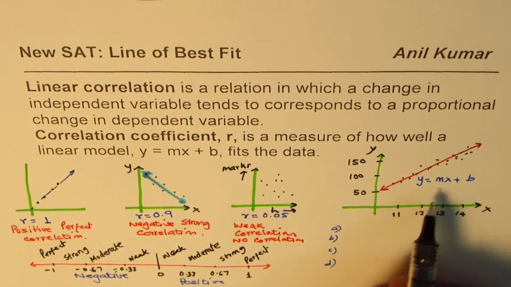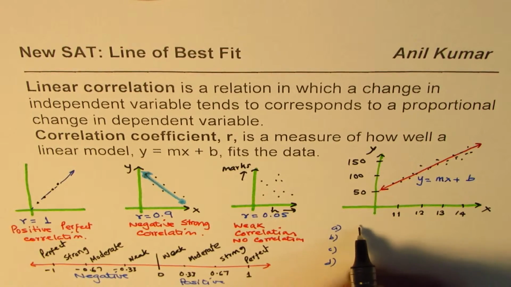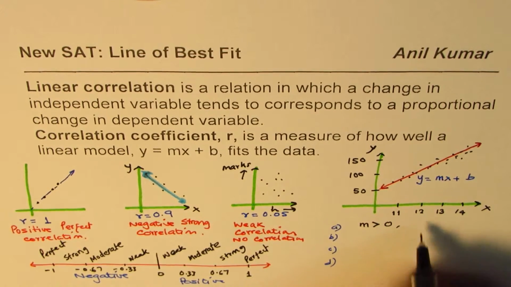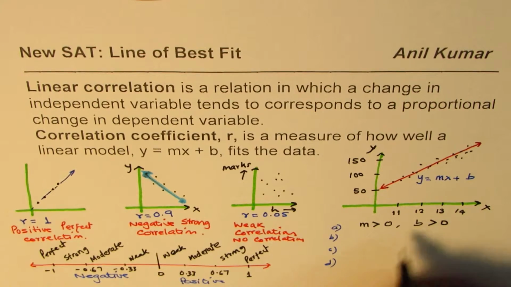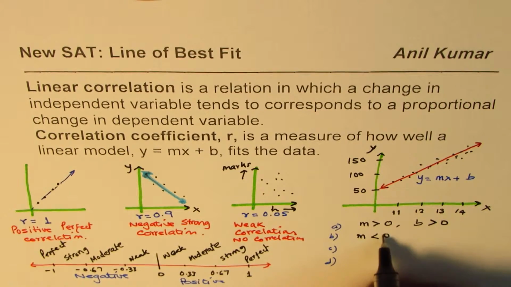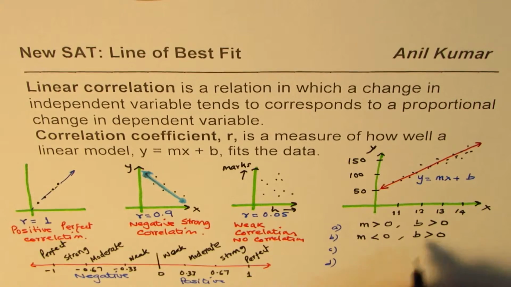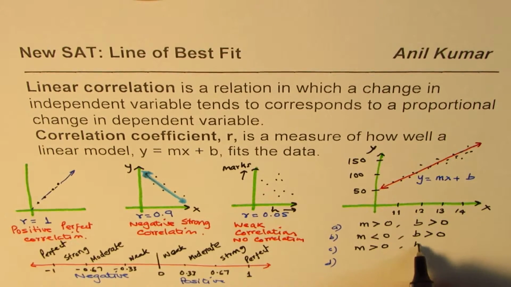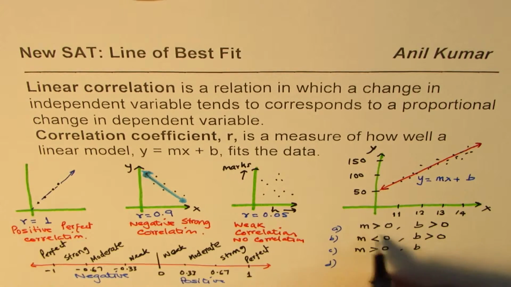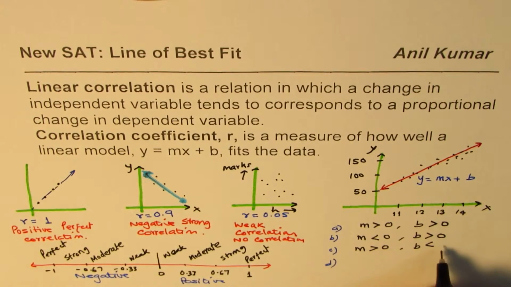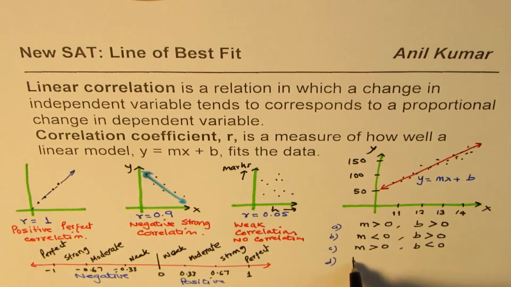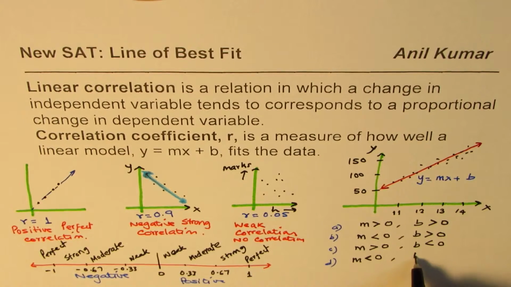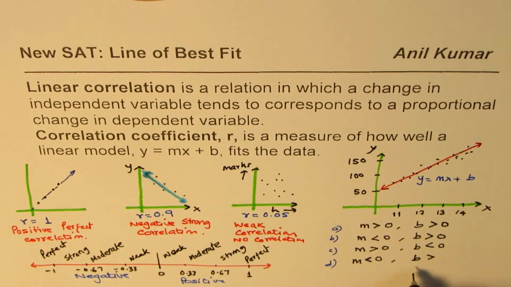So the idea here is the choices could be that m is greater than 0, b is greater than 0; m is less than 0, b is greater than 0; m is greater than 0, and b is less than 0. Okay, so we just take all the combinations, and we could have m is less than 0 and b is greater than 0.